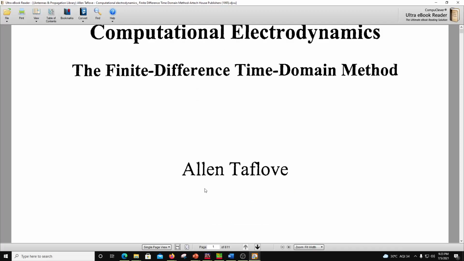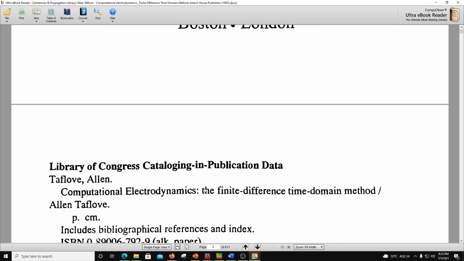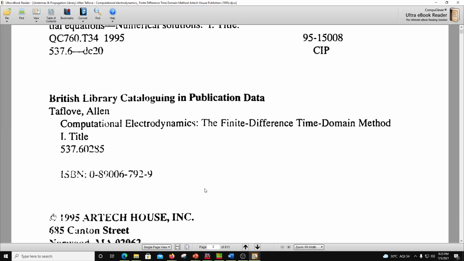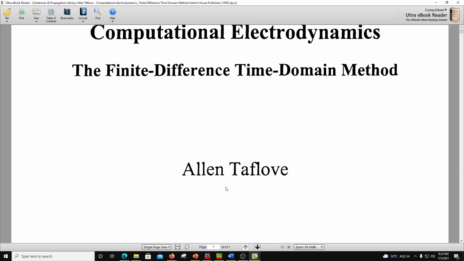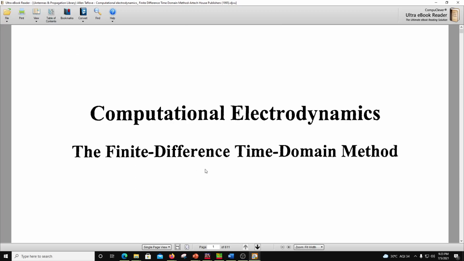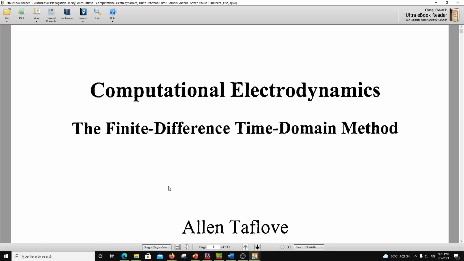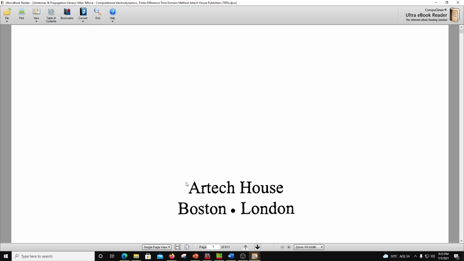This is the book, in the public domain, by Allen Taflove. Another person is Susan Hagness, 1975. This is where this comes from. But far before that, in the defense records, this comes from Yee in 1966. So this is where the stuff was born.